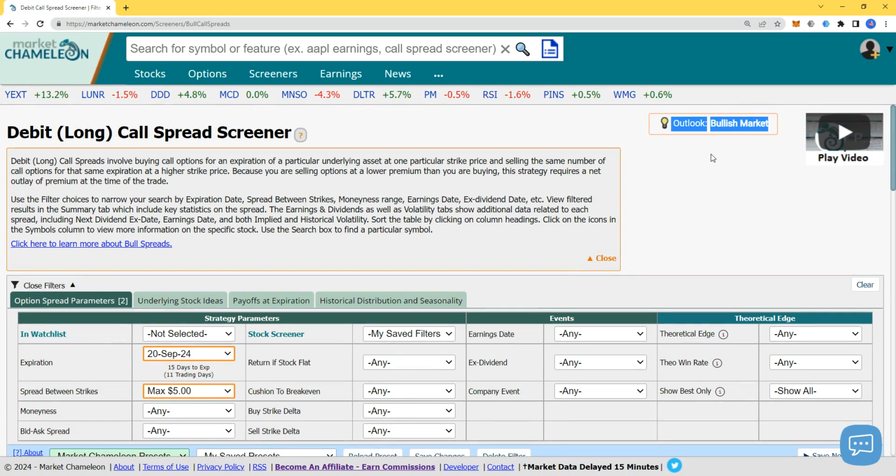That means, let's say the stock, and I'm going to give it to you real simple, the stock is at $100. I'm not going to say Tesla, Apple, it doesn't matter. Let's say the stock is at 100. You are bullish that the stock is going to go up.